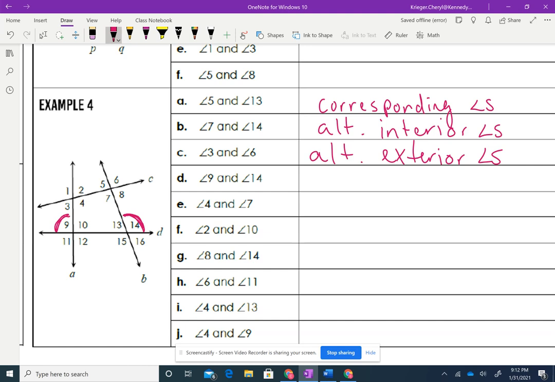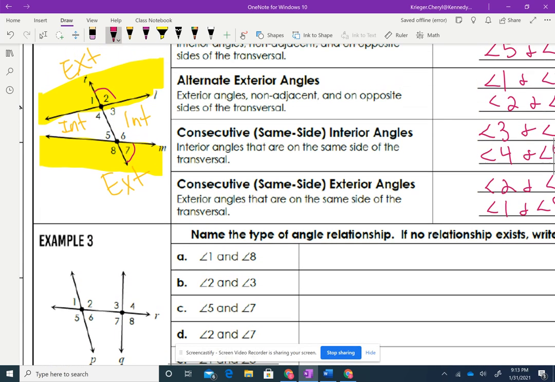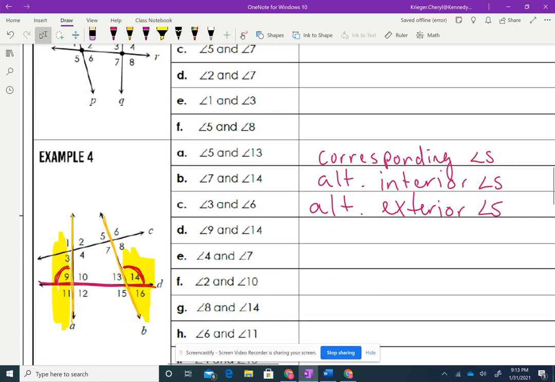Okay, do they have any line in common? Yep, line D. So line D is the transversal. They're on the same side of the transversal, and that would make A and B the two lines, right? And they're on the exterior of the two lines. So, exterior, same side. You got it. You can call it same side exterior, or you can call it consecutive exterior.